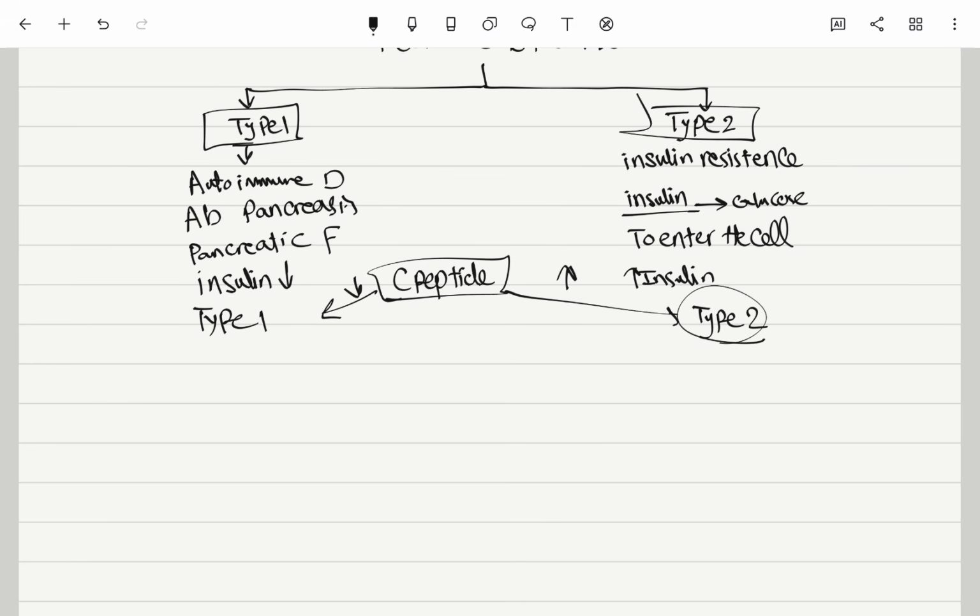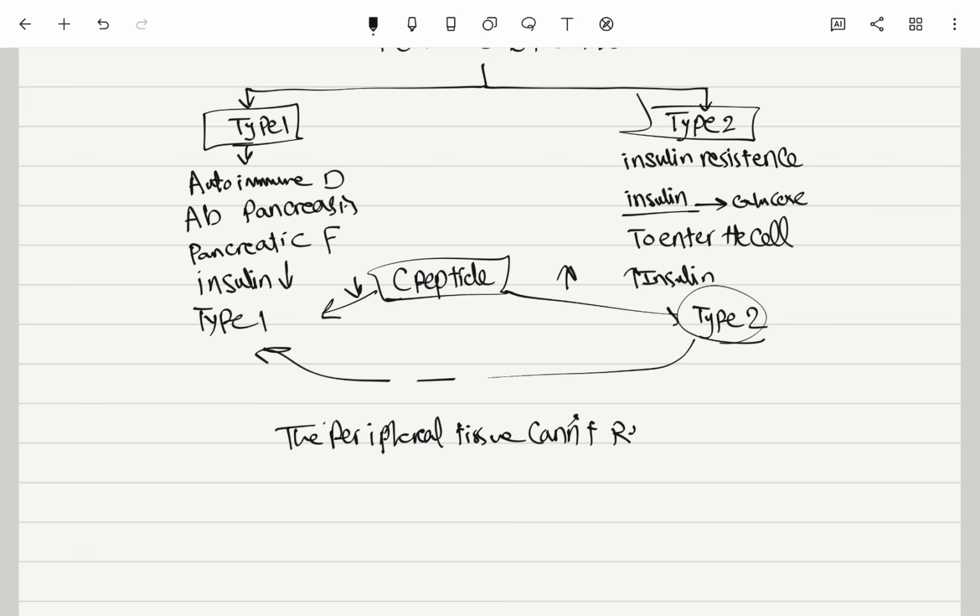By the way, type 2 in the long run will be converted to type 1, as with insulin resistance the peripheral tissue can't receive blood glucose.